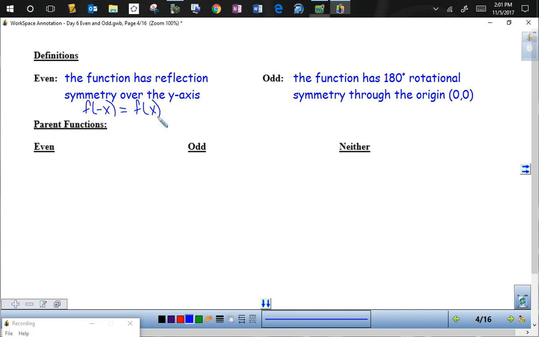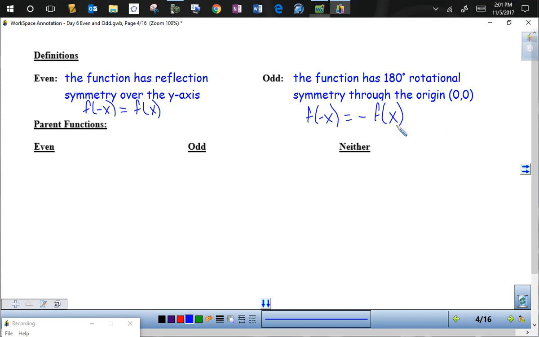Or vice versa. Okay, and then it is odd, geometrically, if it has 180-degree rotational symmetry through the origin. Algebraically, if f of negative x equals negative f of x. Okay, so go ahead and pause the video and make sure you get those definitions down.